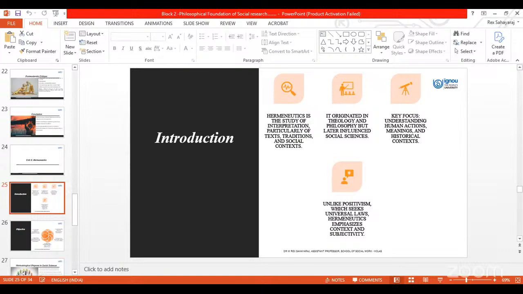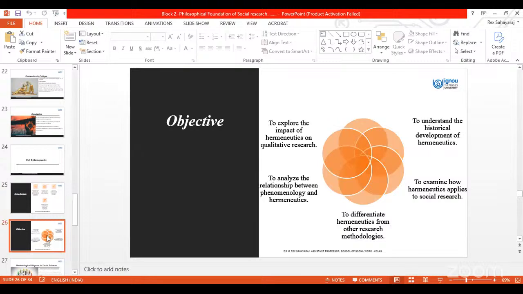As a researcher, you are keen on observing what knowledge you have tracked from particular actions that are happening in the society, or a particular tradition that is being followed in the society, right? More on subjectivity, right? The objective of hermeneutics is to explore its impact on qualitative research.